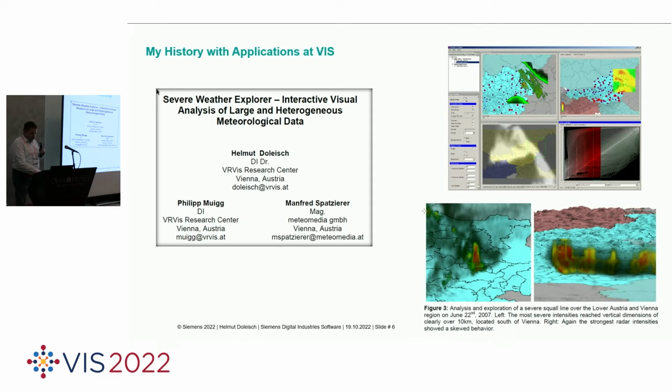And actually what you can see here on the lower right in this image is one of these examples, a squall line that was coming in over Vienna. We were analyzing that, and they were seeing that we have these skewed amounts in the 3D display, which they never had been able to see before because they were always looking only at 2D slices on different slicings.